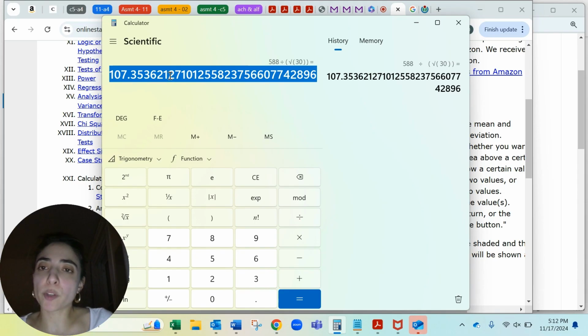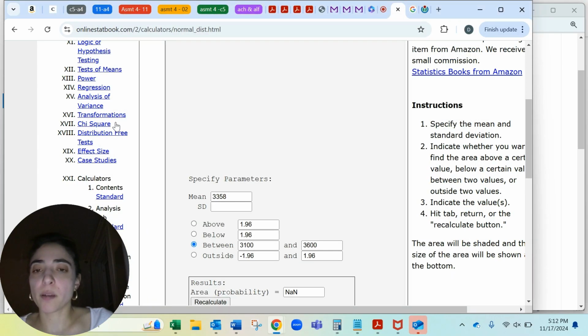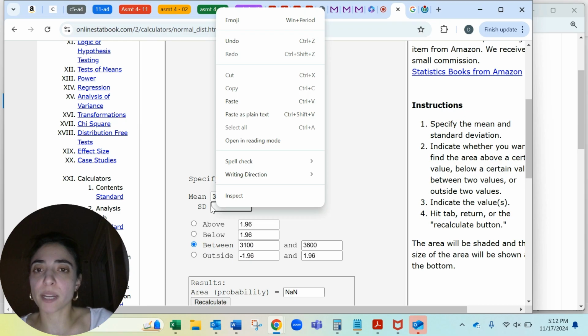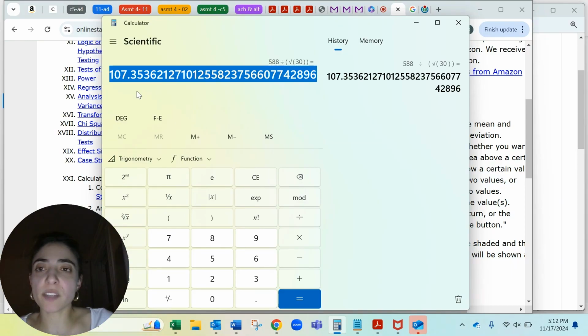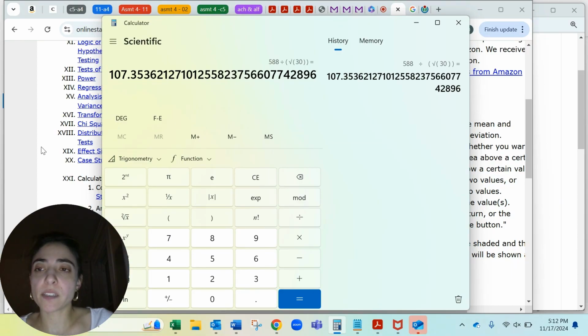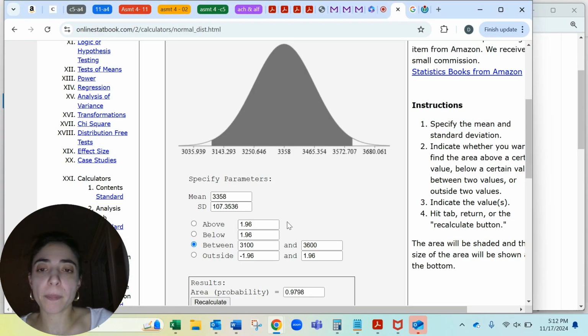I'm going to click and copy this number and paste the number as many decimals as I can here. Right click, paste. It only allows 4 decimals, but I have now pasted my calculated standard deviation into this calculator.